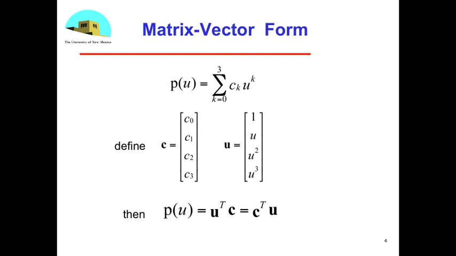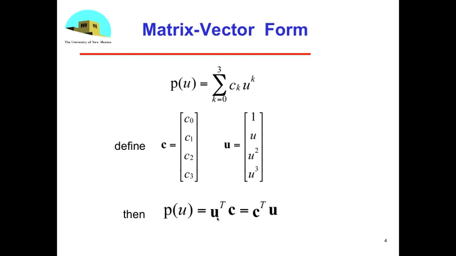So if we use it this way, p of u is a scalar, which again can be x, y, z, or w. We have four coefficients to determine, C0 through C3, and we have four powers of u, so we have the term u to the 0, which is 1, then the u term, the u squared, the u cubed. If we put them each in column matrices, then we can notice this looks like the inner product of the two.